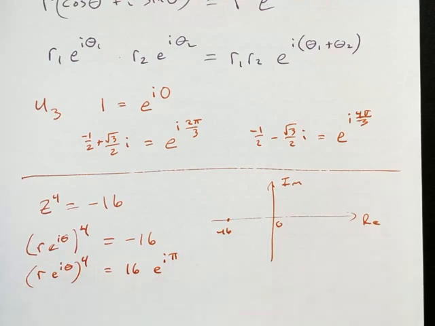But that's not the only angle that works, right? What other angles might work? It would be negative pi. Sure. Because instead of going this way around, I would go this way around. That would work, right?